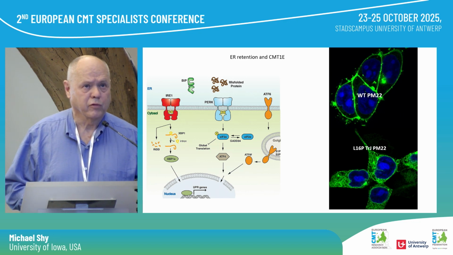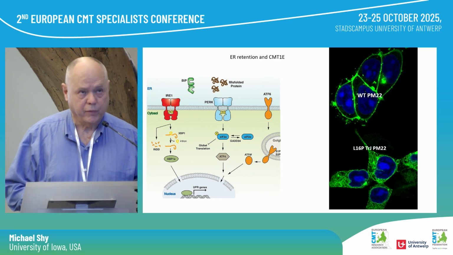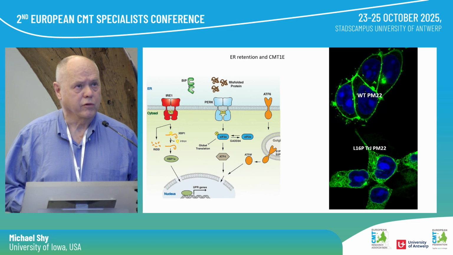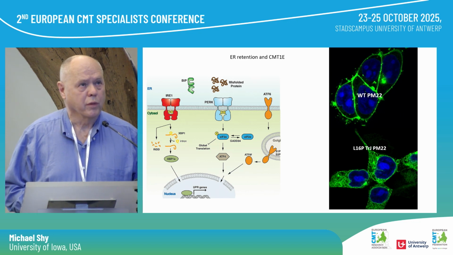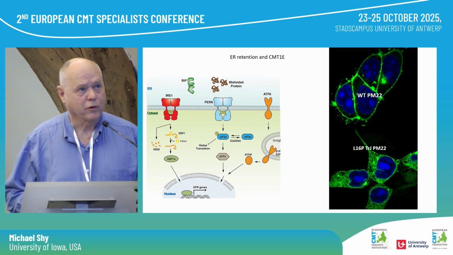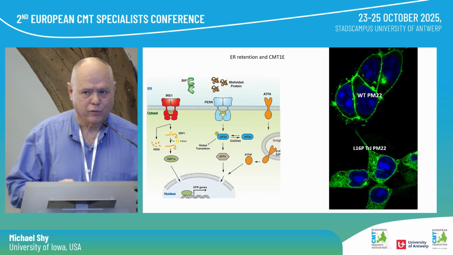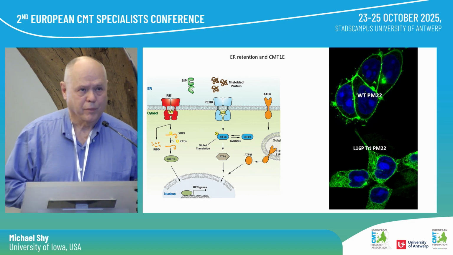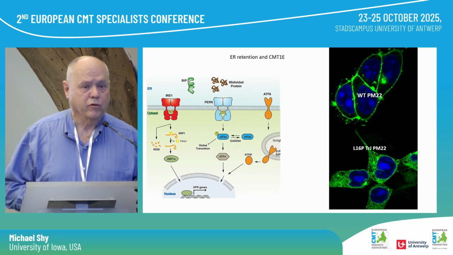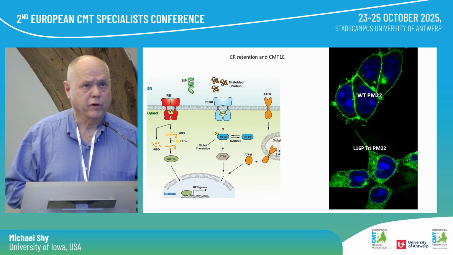These are in HEK293 cells. And you can see that it's retained in the ER with the Trembler J mutation. And we knew of the work on the unfolded protein response with many people, and I have to give a shout out to Larry Wrabetz, who was one of the first to really develop this concept. So we wanted to look to see what was happening with ER retention with our PMP22 variants.